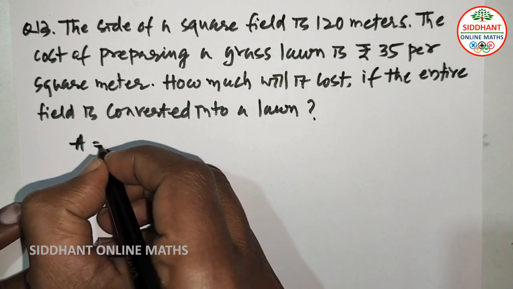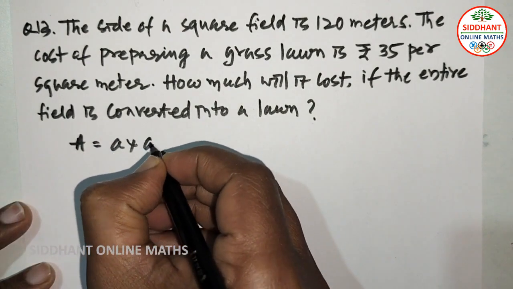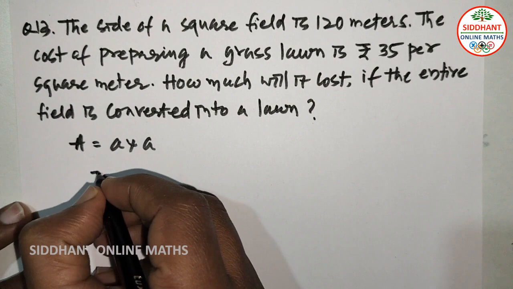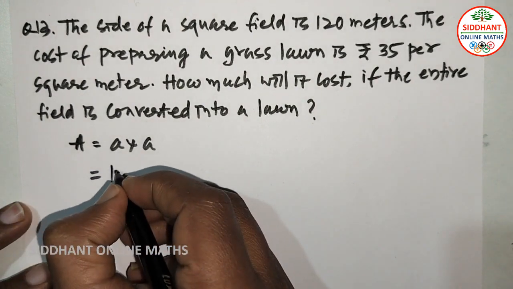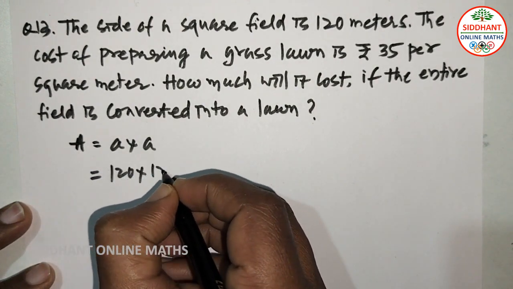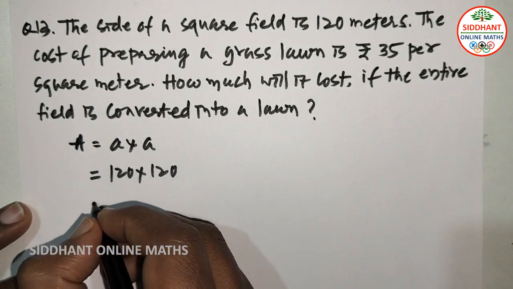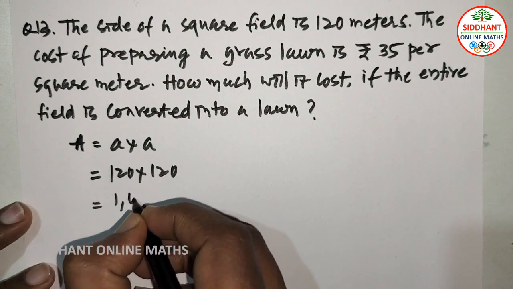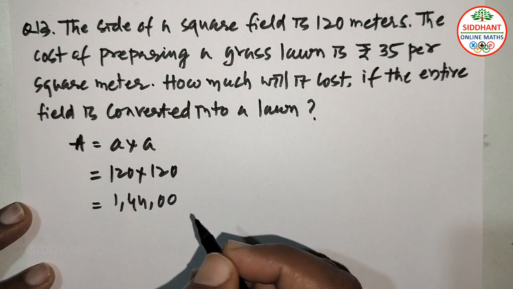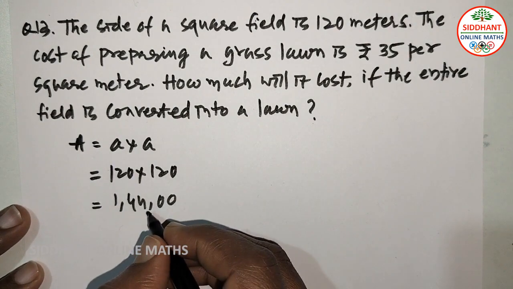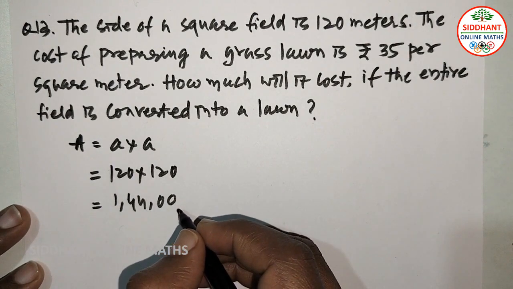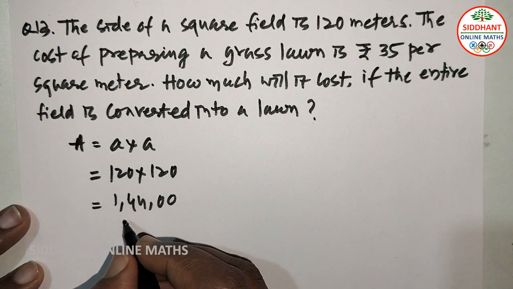Area is equal to side into side. So one side is 120 and 120. When you multiply, you get 14400. So this is the area of the square field.